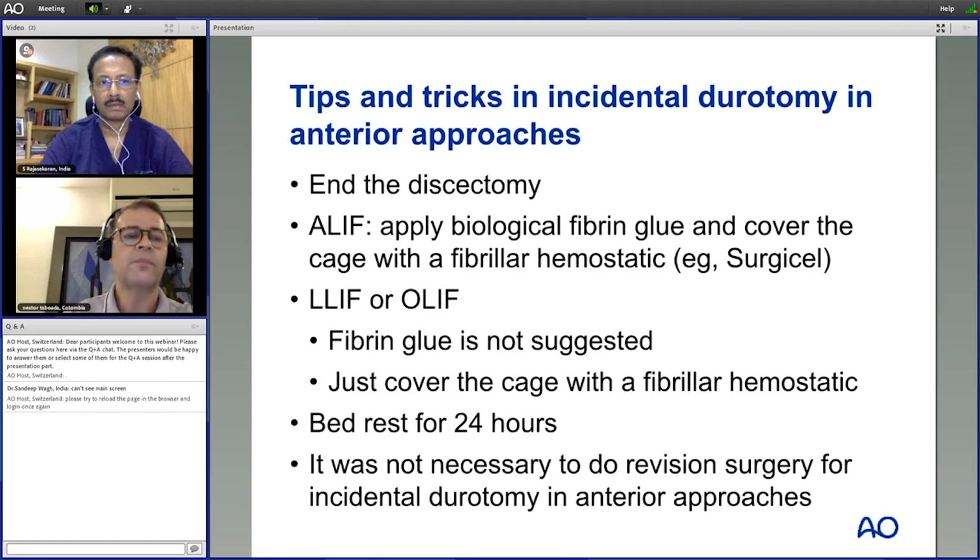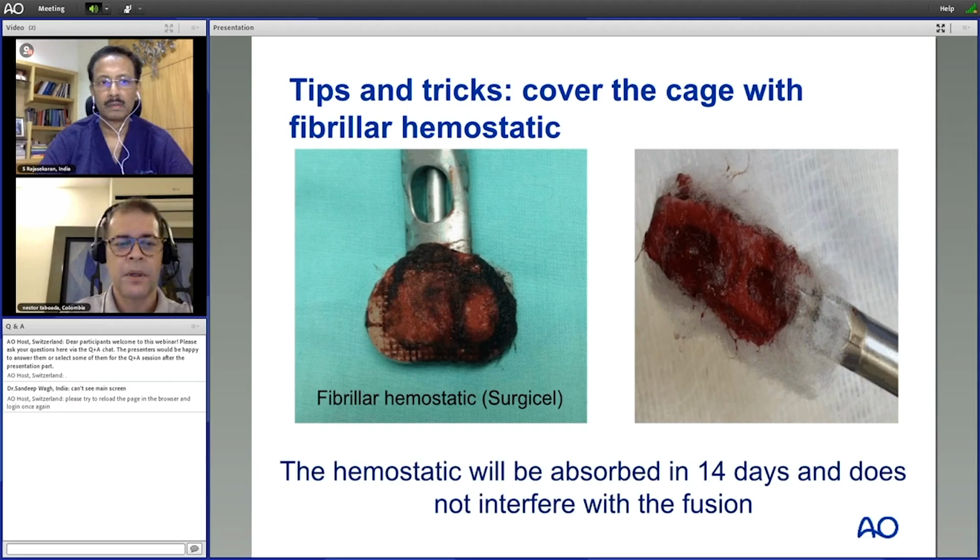In the lateral approach, XLIF or OLIF, how can we treat it if we cannot see the dura? At the end of the discectomy, it is suggested to introduce the cage covered by the fibrillar hemostatic. Here you can see the case of an ALIF cage covered, in this case with Surgicel, and the lateral cage covered with Surgicel.